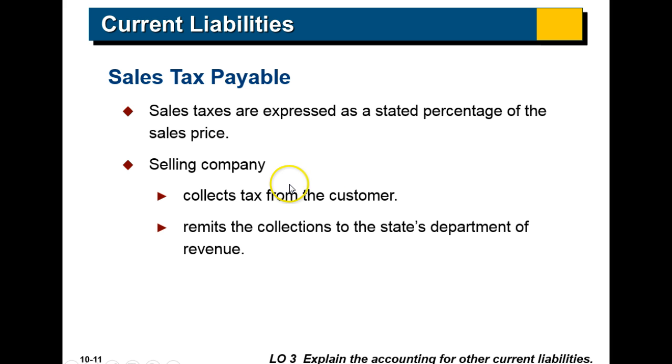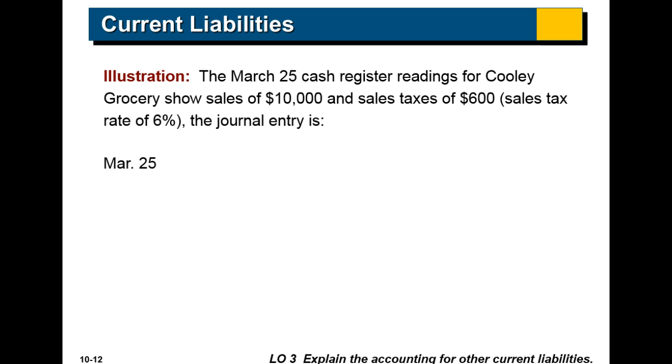So basically, the company that's selling the product is going to collect the tax. But that tax isn't the company's. That tax goes to the state. They collect the tax, but in turn have to pay that tax to, in this case, the Minnesota Department of Revenue.